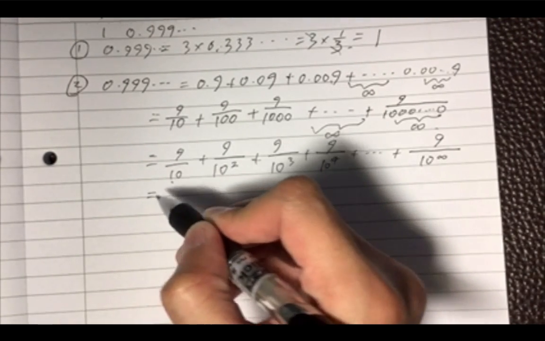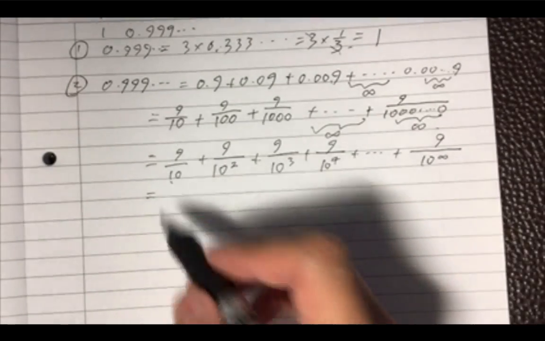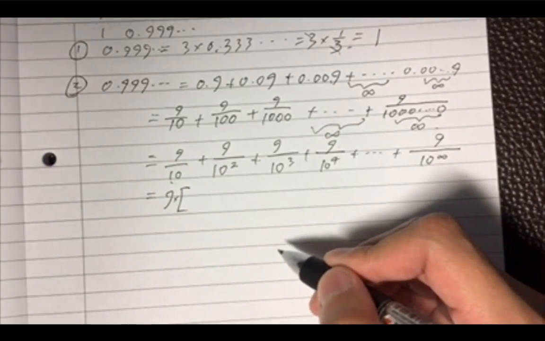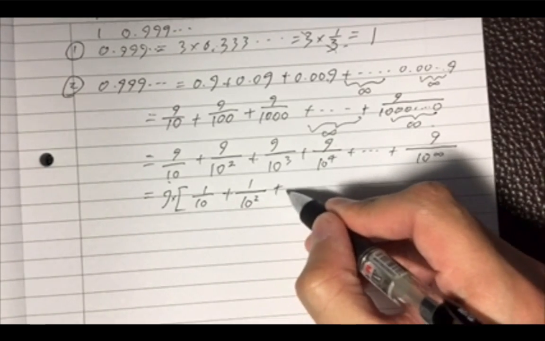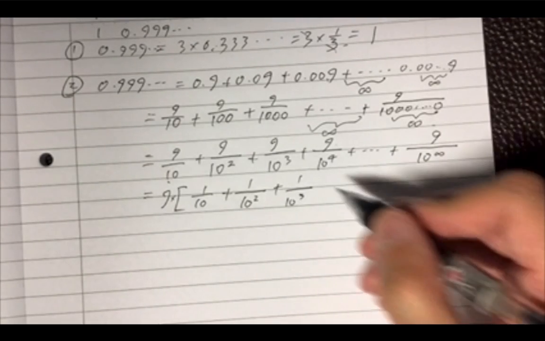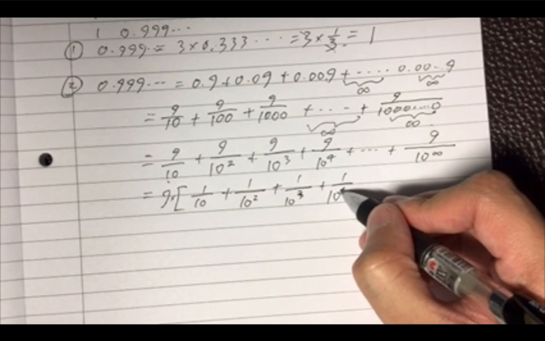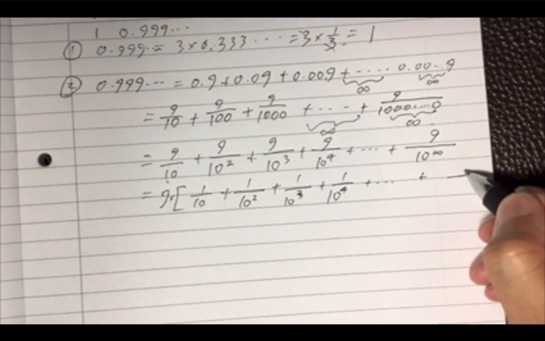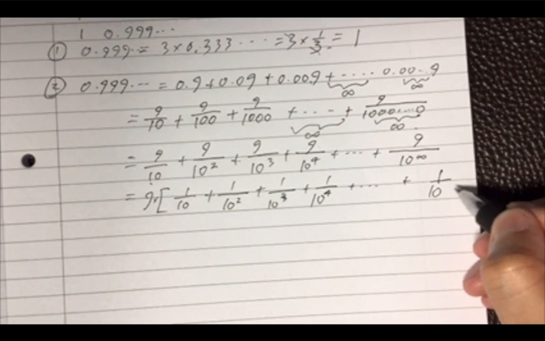So this 9, we take all the 9s out from the sequence. It will be 9 times (1 over 10 plus 1 over 10 to the power of 2 plus 1 over 10 to the power of 3, and 1 over 10 to the power of 4, until the last one, which is 1 over 10 to the power of infinity).